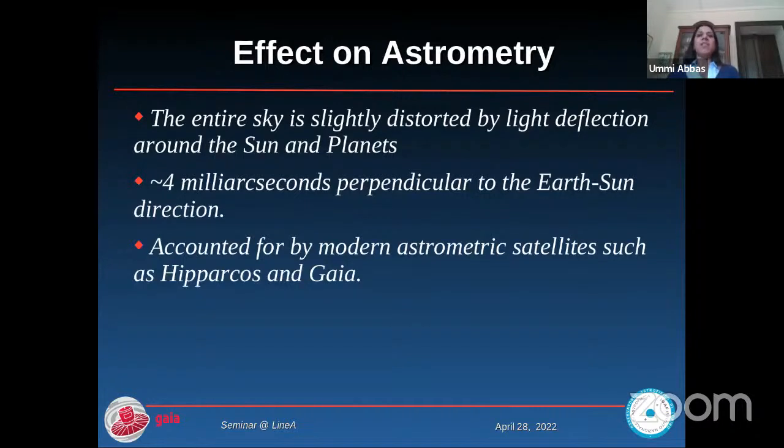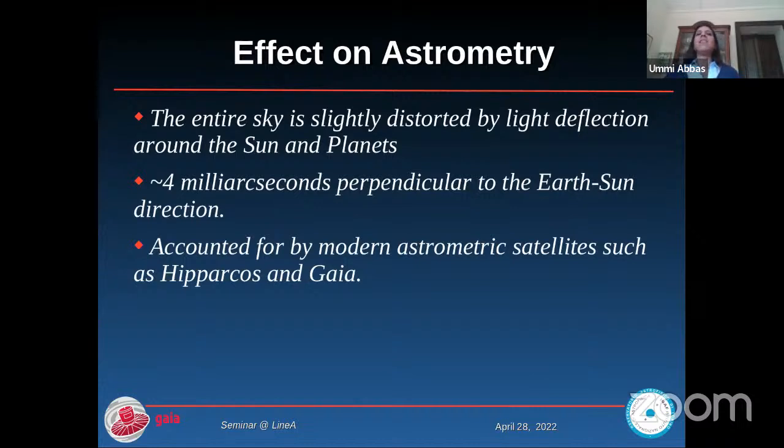In the case of the sun, it is of the order of 4 milliarcseconds perpendicular to the Earth-Sun direction. So, for example at the ecliptic pole, with the ecliptic pole scanning law, if you were to use actual observations by Gaia, you would have to account for a 4 milliarcsecond effect even there.